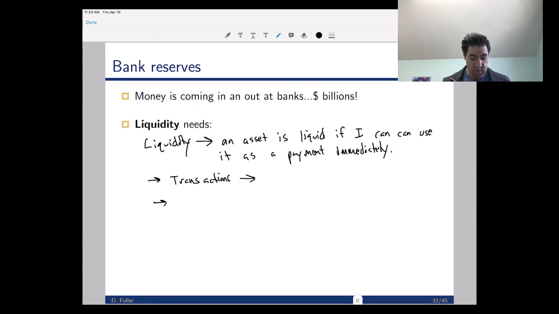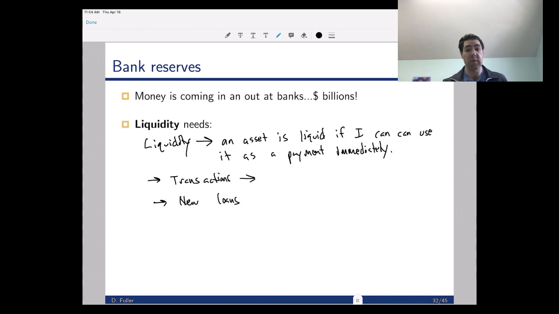They also want to have liquidity in order to make new loans. So when you go to the bank and you get a car loan, or let's say you go to the dealer and you buy a new car for $20,000, there's effectively a transfer from the bank that finances that to the car dealership for $20,000.